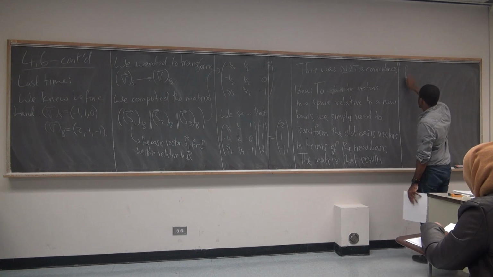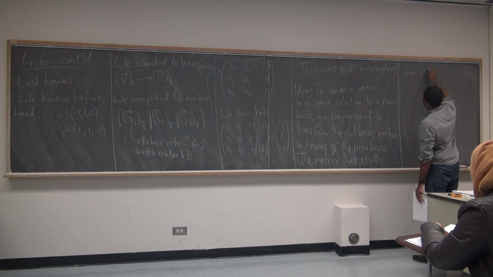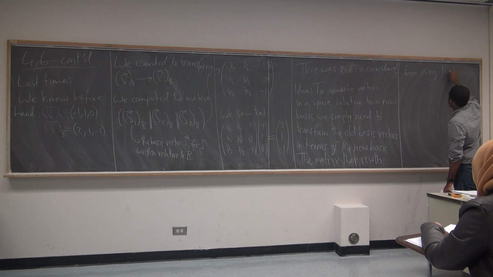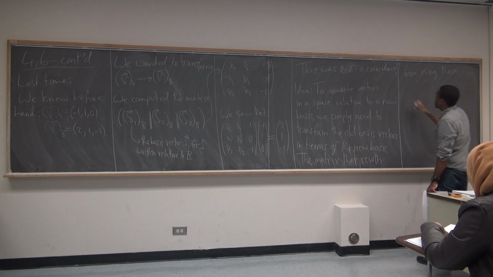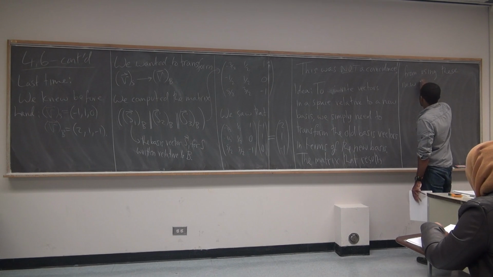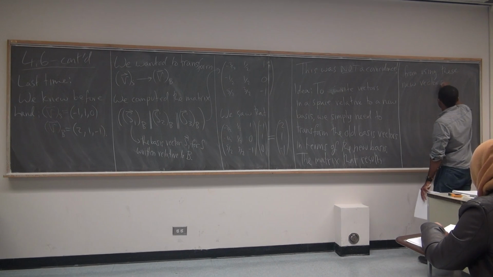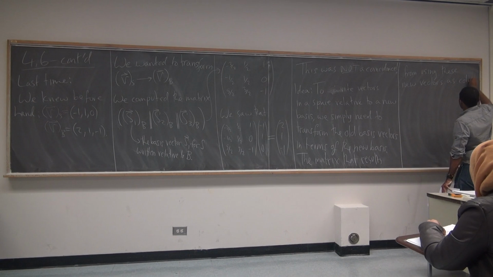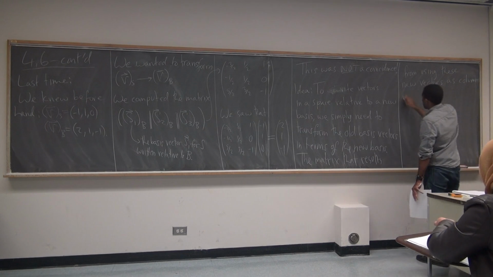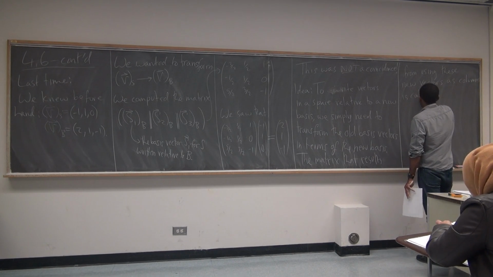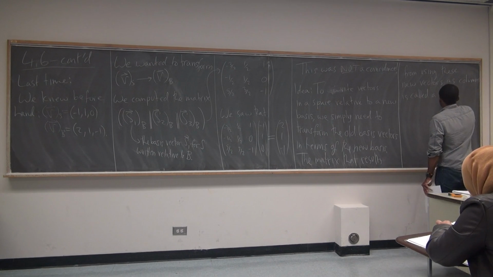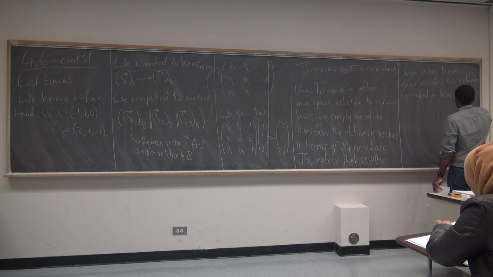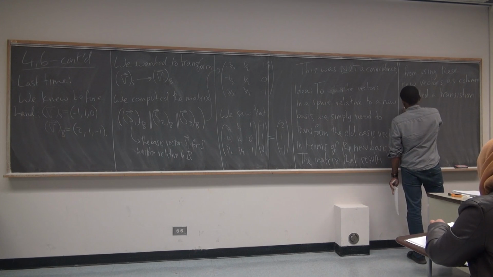The matrix that results from using these new vectors as columns is called a transition matrix.